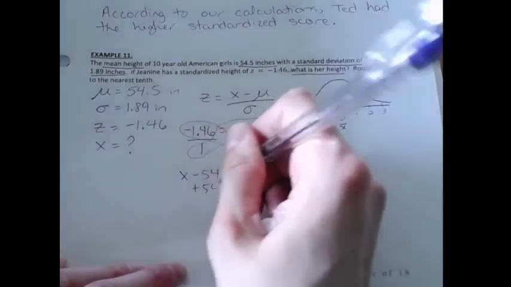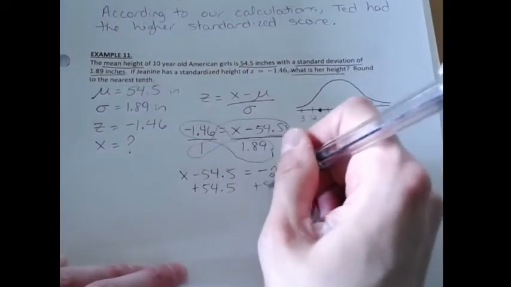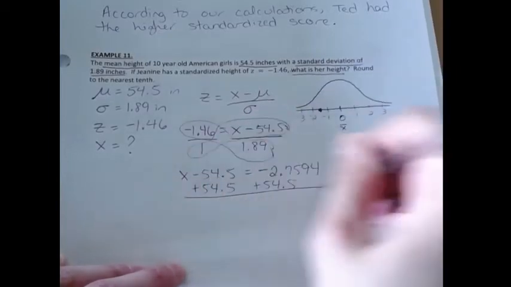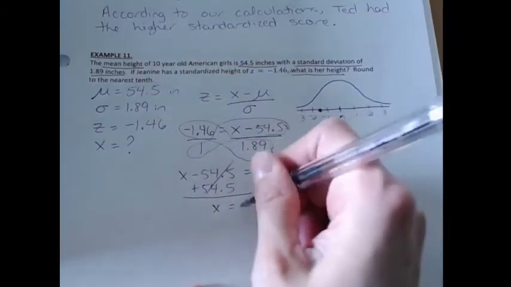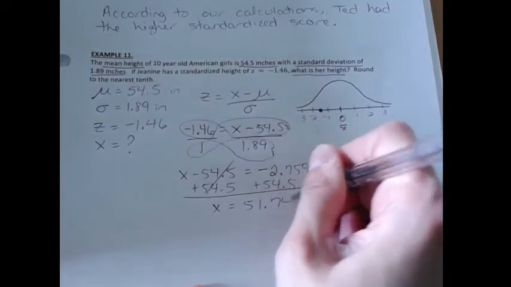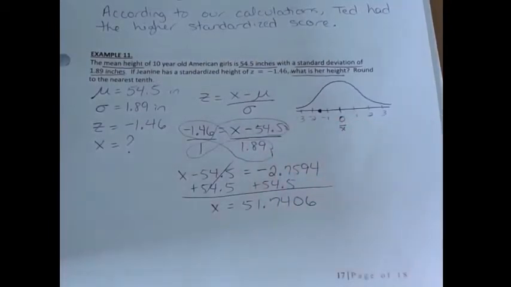So next I'm going to add the 54.5. And Brittany, thank you for sharing that answer. Let's see how it compares to mine. So we add the 54.5 and we get 51.7406. Excellent job, Brittany. That's exactly correct.